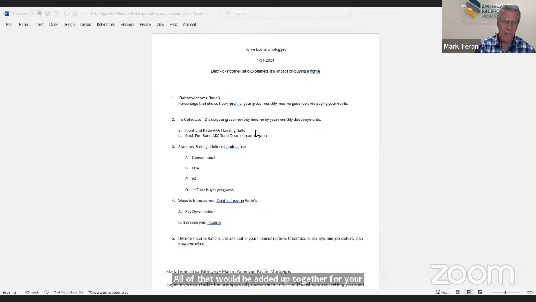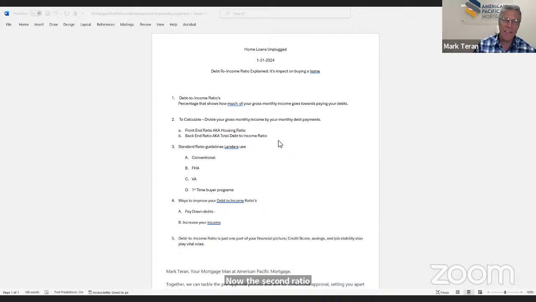So let's say all of that totaled $3,000 a month. And in this case, let's say your gross income was $6,000 a month. 3,000 divided by 6,000 is a 50% housing ratio in this case, which would be considered rather high.